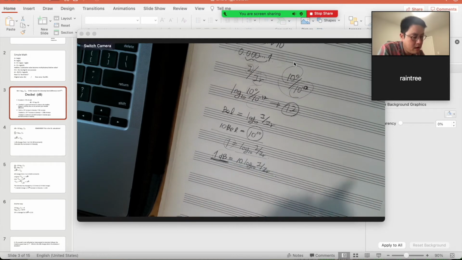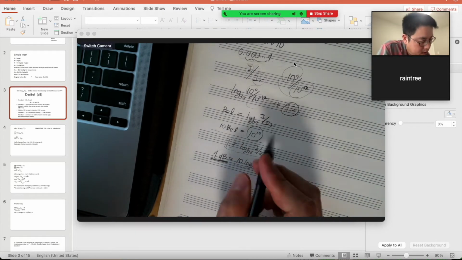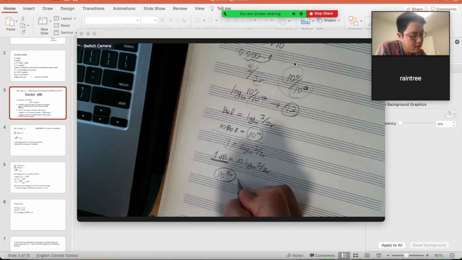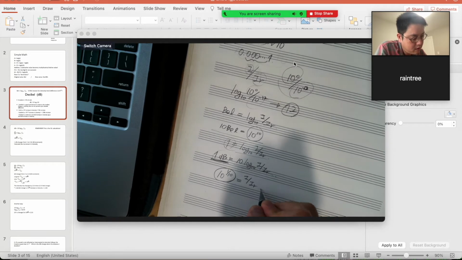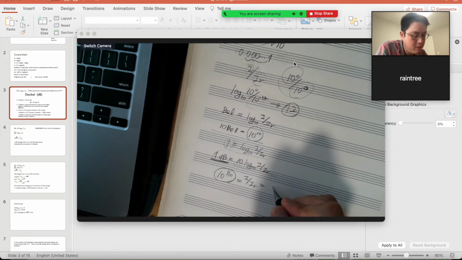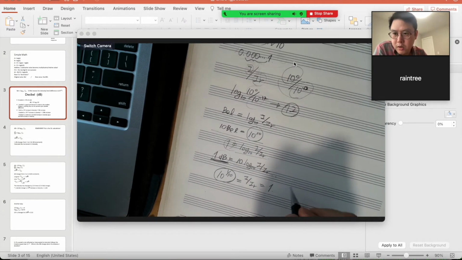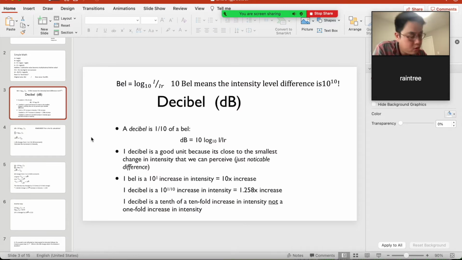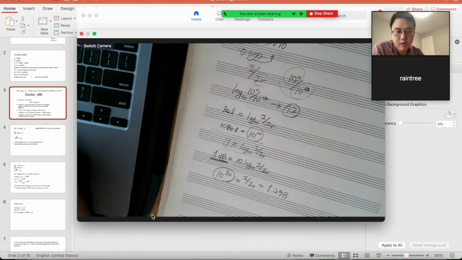1 decibel means 10 to the 1 over 10, which is something like 1.258.